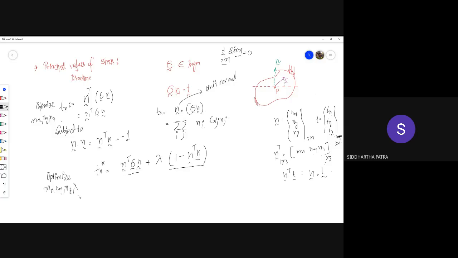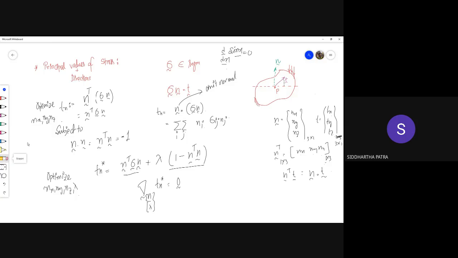So instead of taking a total derivative, I should be taking a gradient with respect to this vector, which has the entire n vector and lambda. It's a vector with four rows: nx, ny, nz, and then lambda. Each row should be equal to 0, so this equals a 0 vector with four rows.